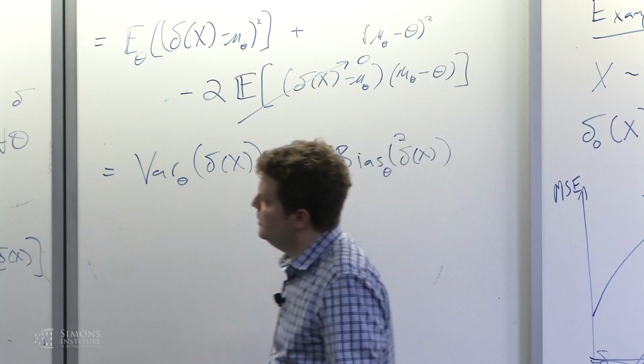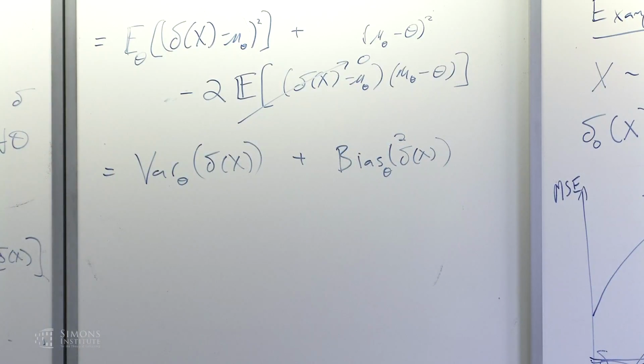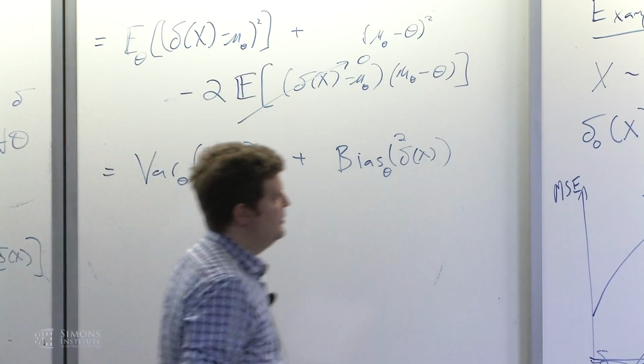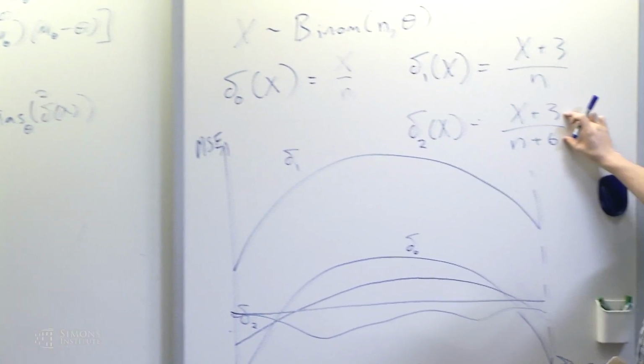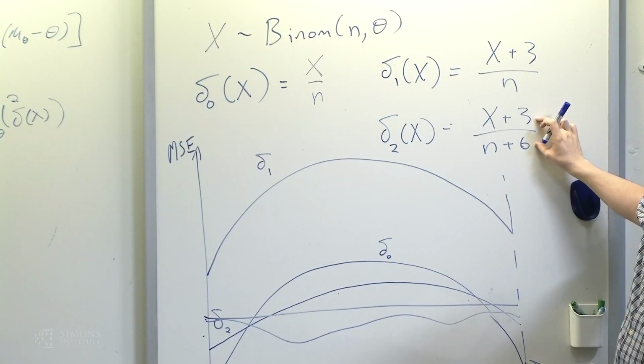More generally, we may be interested in many other risk functions other than the mean squared error. We still use this bias-variance tradeoff as a metaphor: you have some estimators that really intensely regularize the answer. So this one here is equivalent to saying, pretend I'm going to make up data where I flipped the coin 6 times and I got 3 heads.